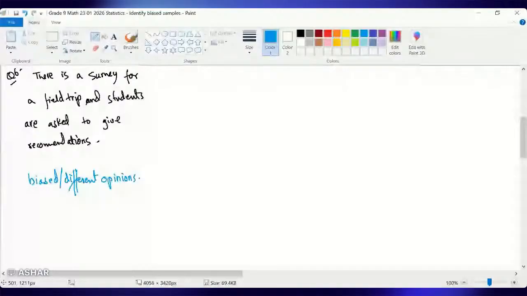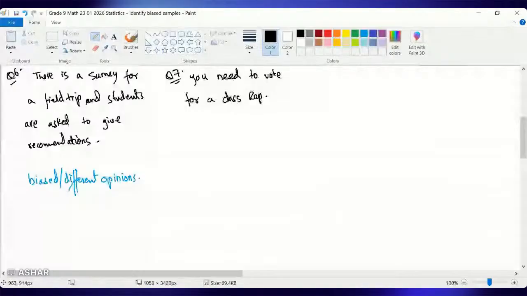Next question. Let's suppose we wish to find biased or not. You need to vote for a class rep.